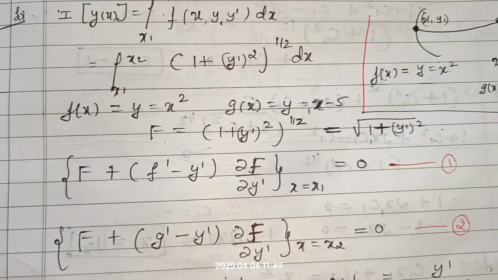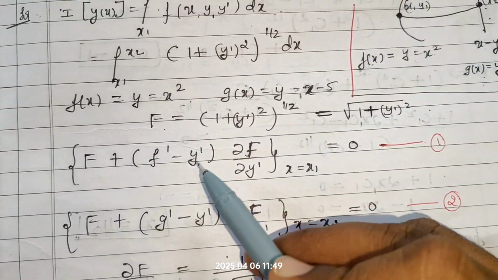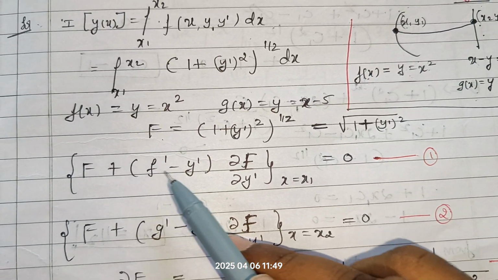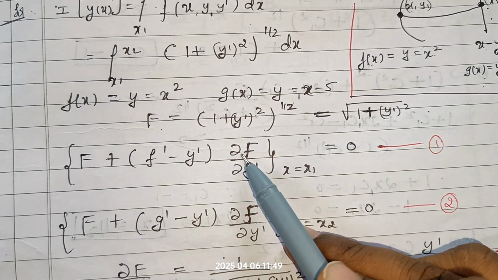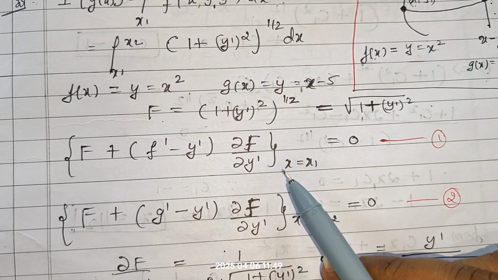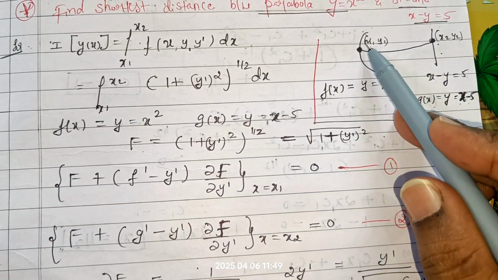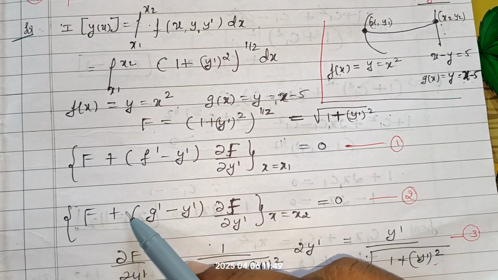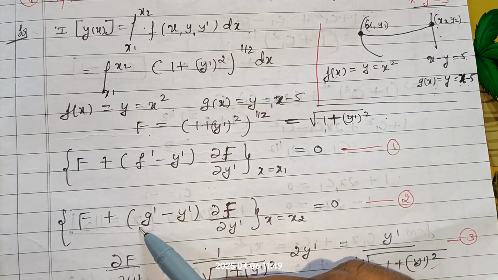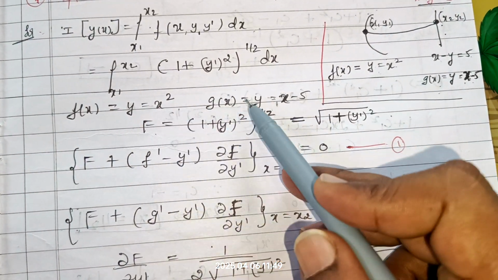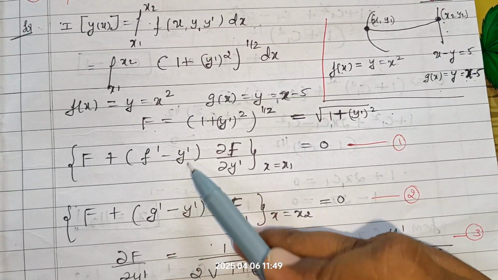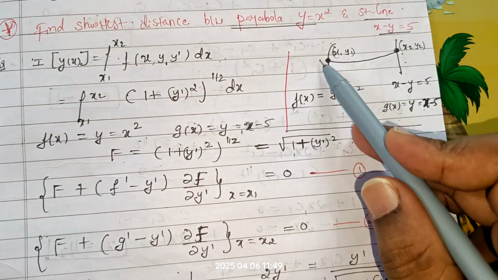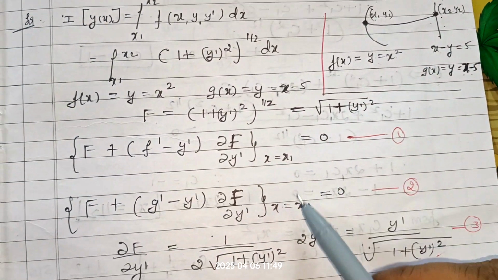Now another form of the Euler equation we can write, equation 1: f + (f' − y' ∂f/∂y') at x = x1 is equal to 0. Then another form: f is replaced by g because we have considered f and g, so g' − y' ∂f/∂y' at x2, at x1 and x2, is equal to 0.